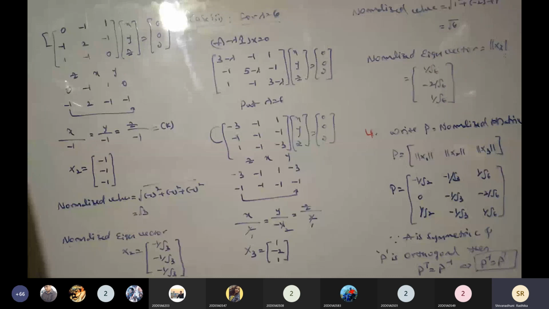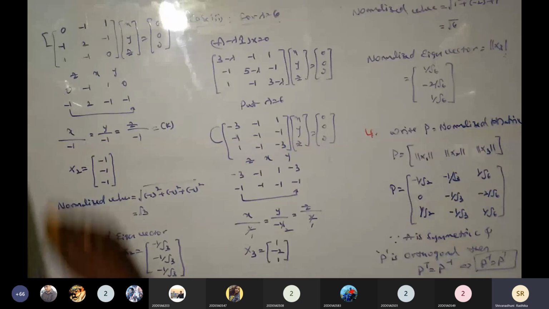Yes. Which is a capital P, and we need to write P inverse. What is P inverse here? P transpose only. Okay.